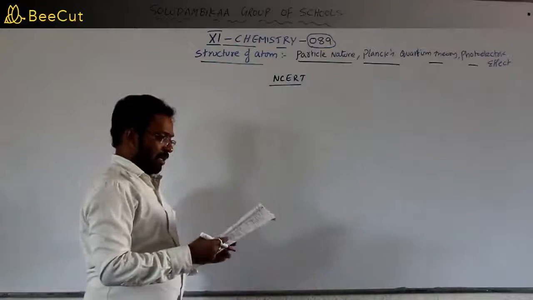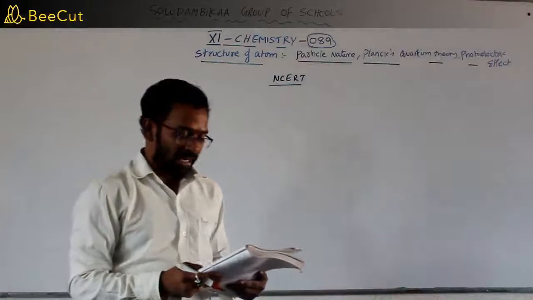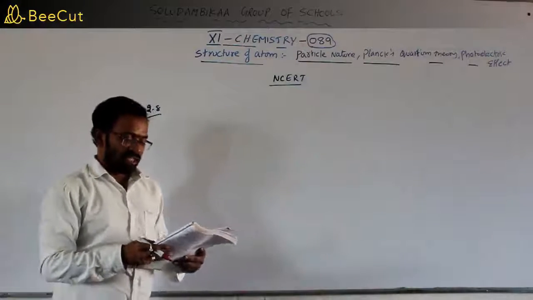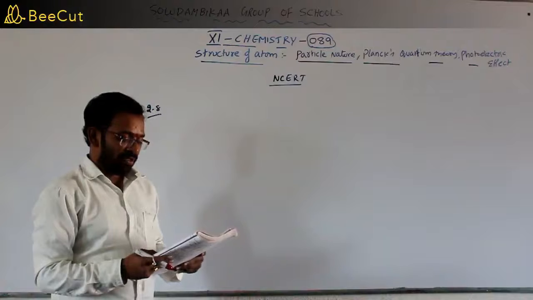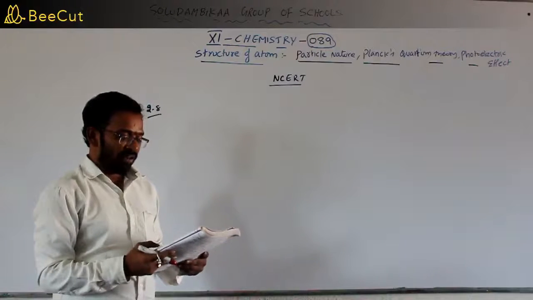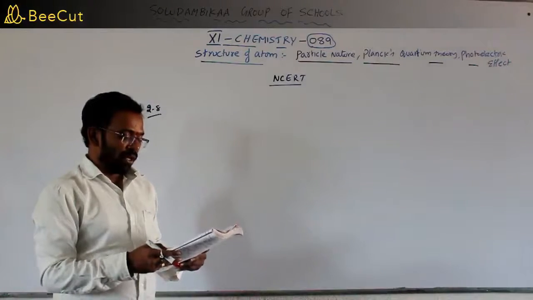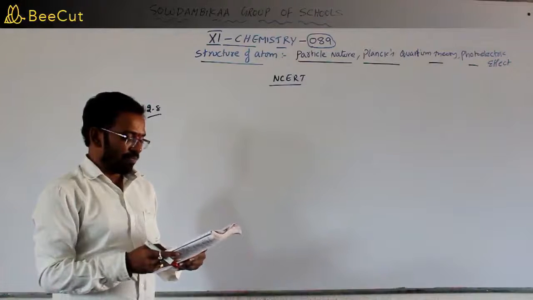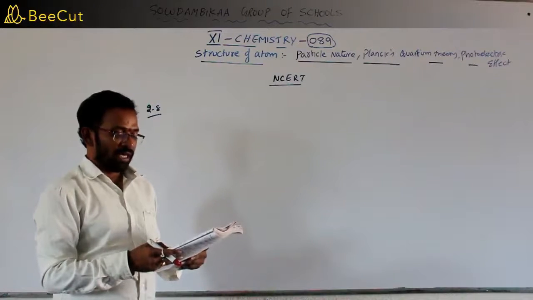Question 2.8. When electromagnetic radiation of wavelength 300 nanometers falls on the surface of sodium, electrons are emitted with kinetic energy of 1.68 into 10 to the power of 5 joule per mole. What is the minimum energy needed to remove an electron from sodium? What is the maximum wavelength that will cause a photoelectric effect?